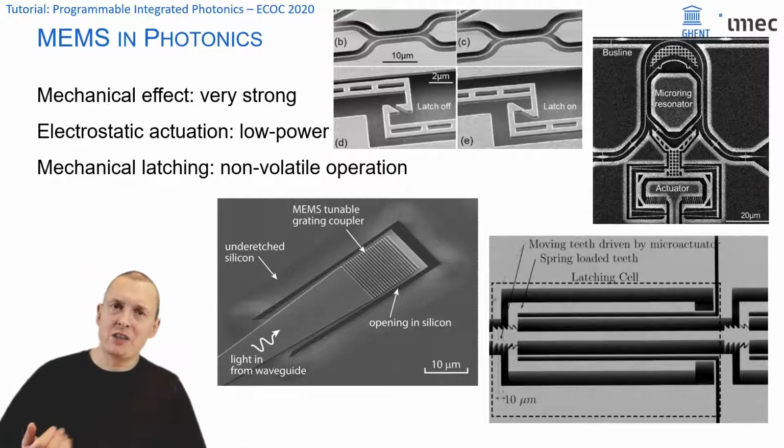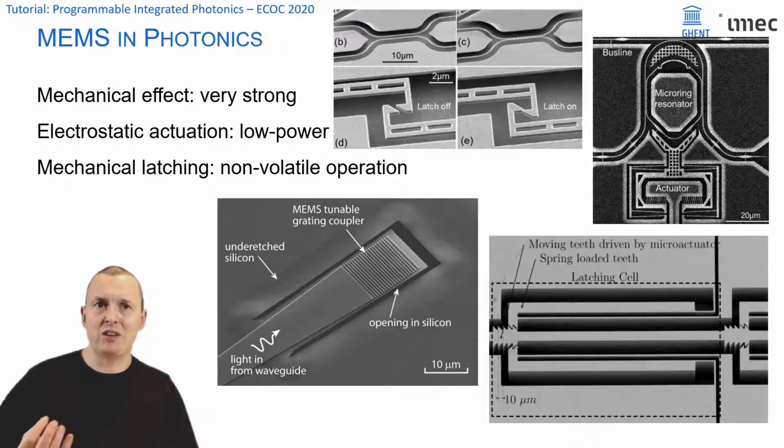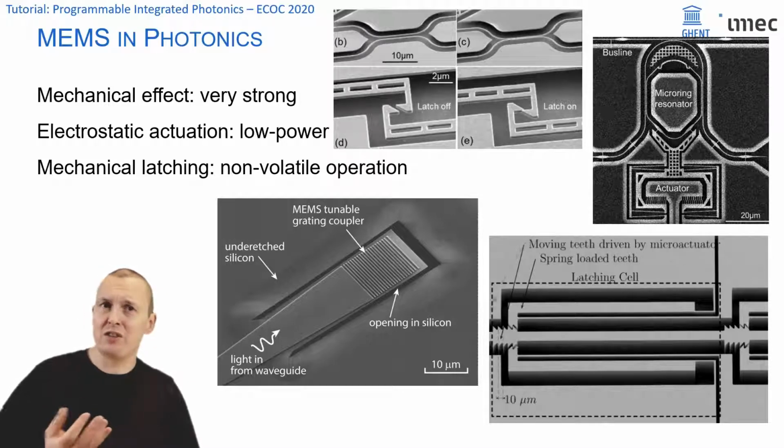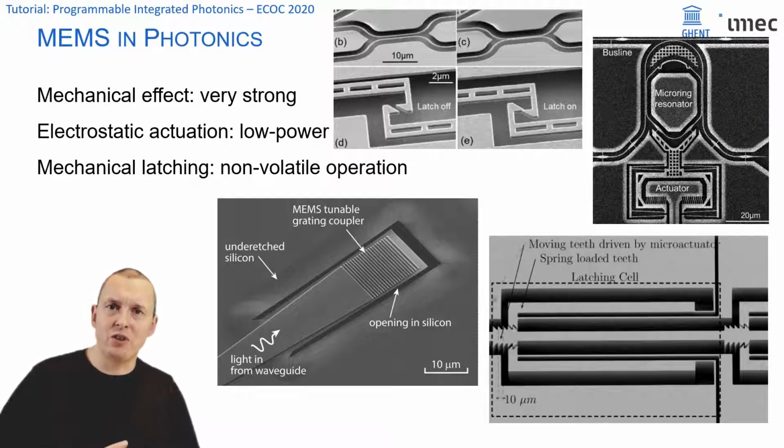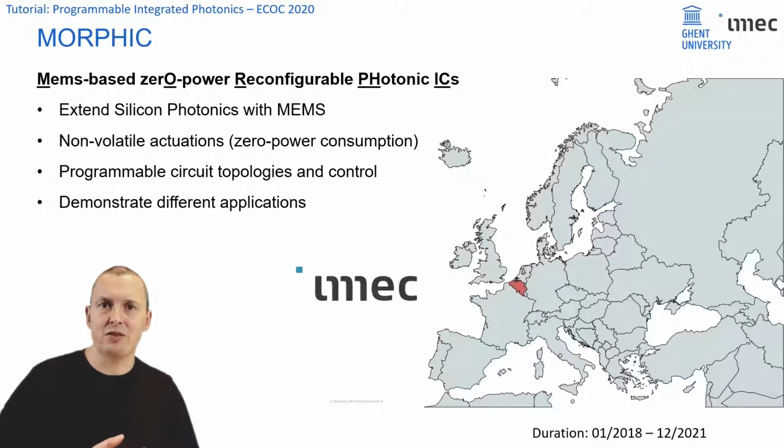The second mechanism that I mentioned already that we're working on is MEMS. Now MEMS and photonics, especially silicon photonics, are a very attractive combination because they're both made in silicon, and moving silicon as a material around has obviously a very strong optical effect. Now, usually the problem is that with MEMS, it's not that easy to integrate it with all the other functionalities in a silicon photonics platform.